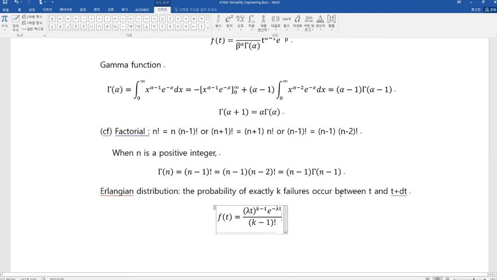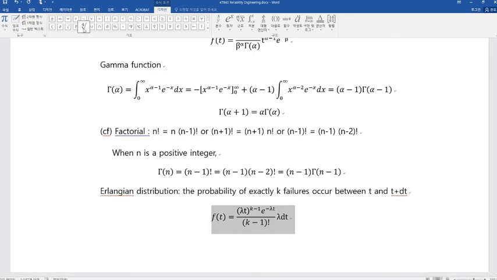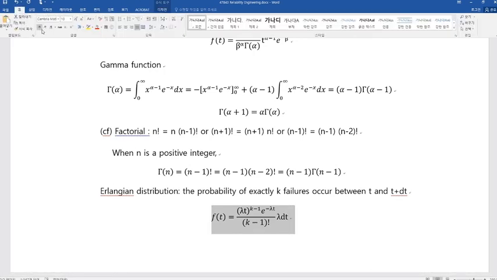And the probability that the kth failure occurs between t and t plus dt would be lambda, the rate of failure, and dt will be the time interval.